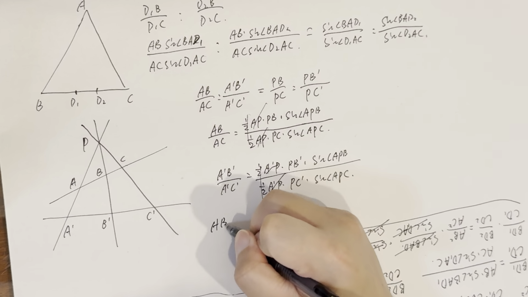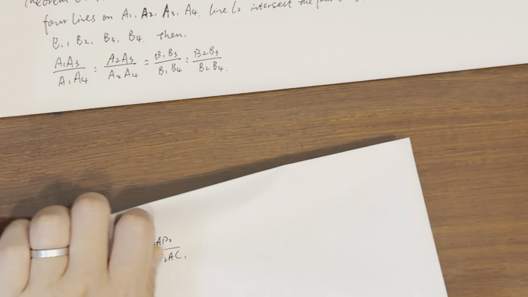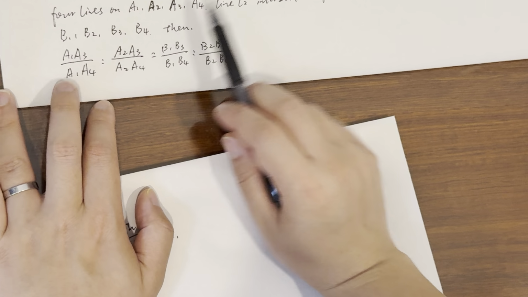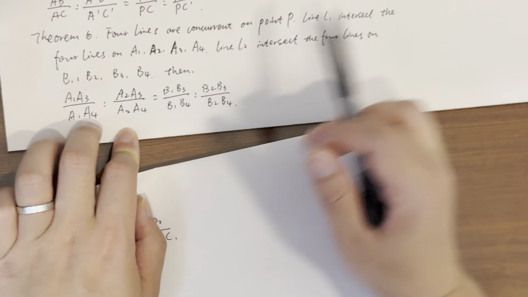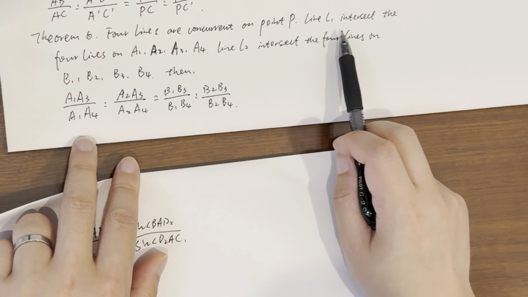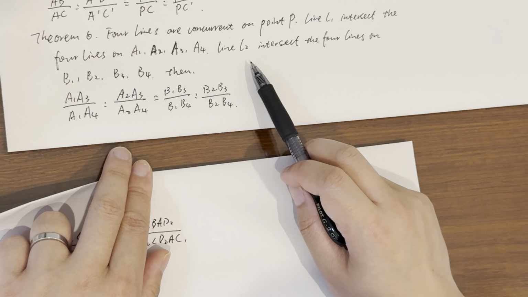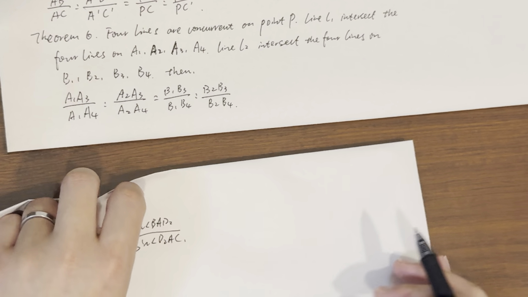Okay, that's theorem 5. Let's talk about theorem 6. Theorem 6 is saying that four lines are concurrent at point P. Line L1 intersects the four lines at A1, A2, A3, A4. Line L2 intersects the four lines at B1, B2, B3, B4, right?